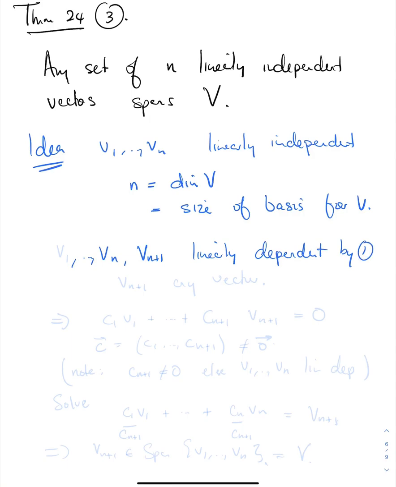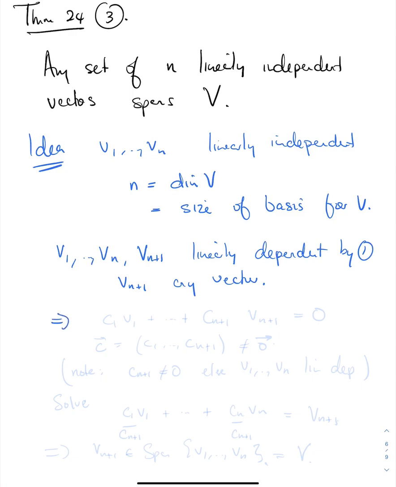So, where did this Vn plus 1 come from? Well, it's any vector, any other vector in the space. So V1 through Vn, tacking on Vn plus 1, must be linearly dependent by 1.